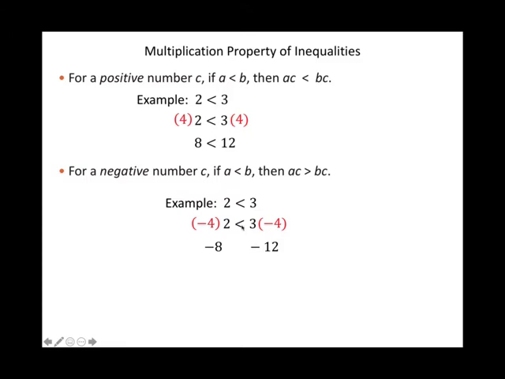If I still keep the strictly less than sign, negative 8 strictly less than negative 12, we get a false statement. So according to the multiplication properties, if we multiply by a negative number, we need to switch the sign. We switch less than to greater than.